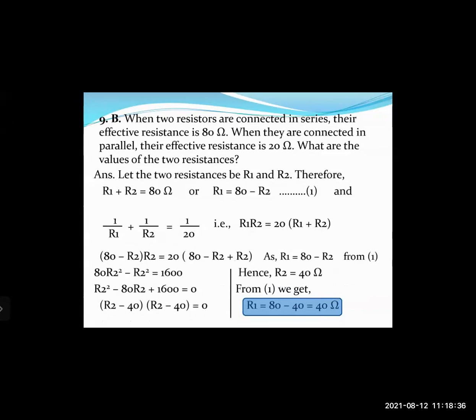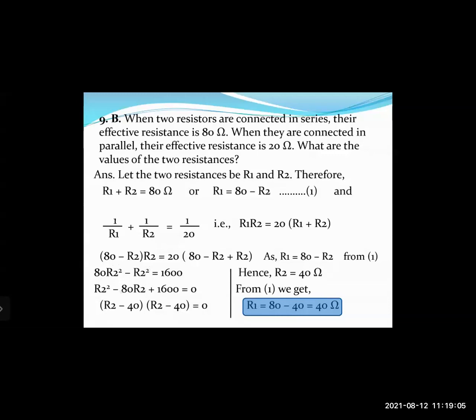If you rearrange this equation and substitute the value of R1, that is 80 minus R2, what do we get? 80 minus R2 into R2 equals 20 into 80 minus R2 plus R2, as R1 is equal to 80 minus R2. So what do we get here? 80 R2 minus R2 square equal to 1600.